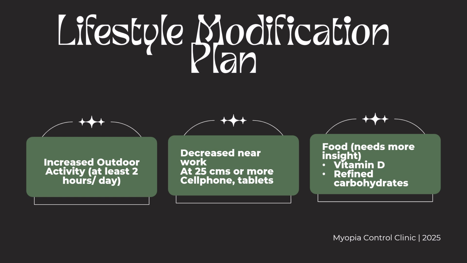There is no evidence or true randomized controlled trials that these would make a difference, but you can still use these popular measures. Having said that, always stress that it is increased outdoor activity and decreased near work that make a significant impact, rather than vitamin D or refined carbohydrates.